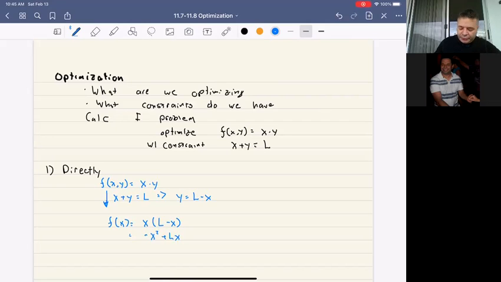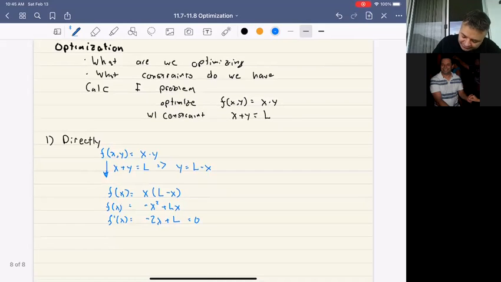And we're going to take the derivative there. Negative 2x plus L, set it equal to 0, and that gives us x equals L over 2, which gives us y equals L over 2.